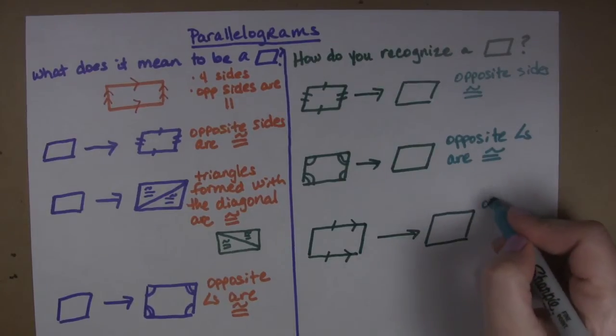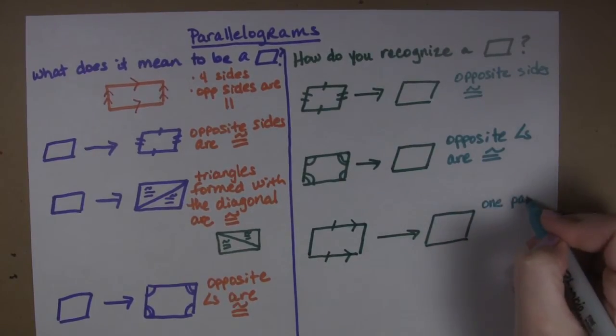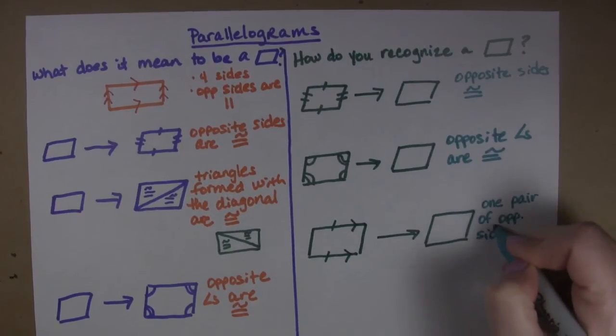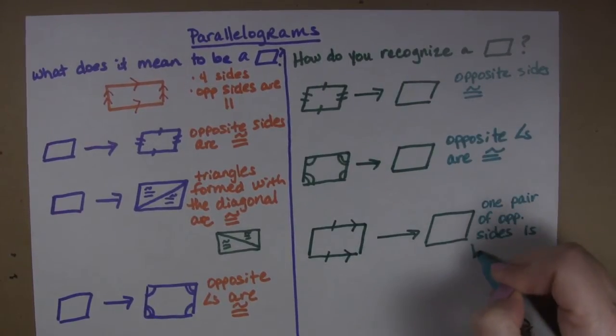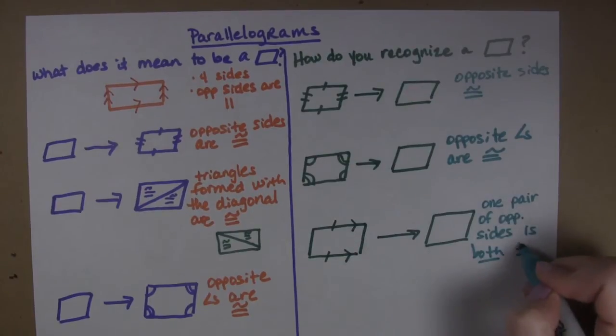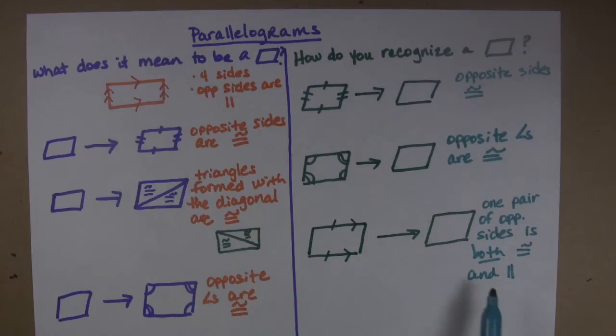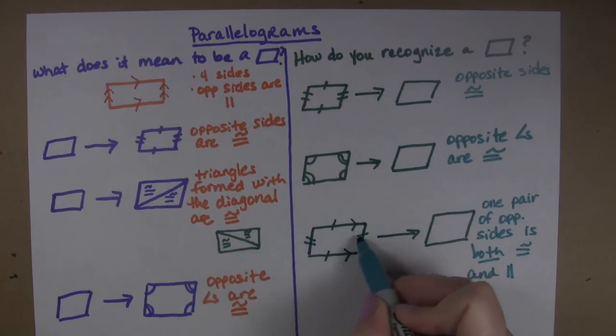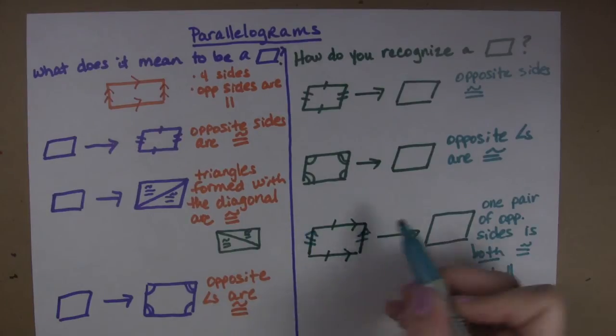So one pair of opposite sides is both congruent and parallel. If that is the case, then you know that the other side is going to be congruent and parallel as well.